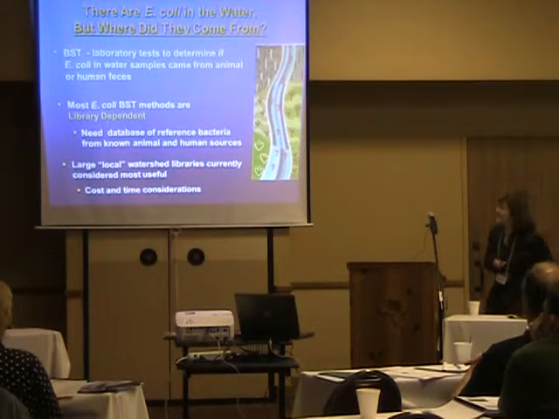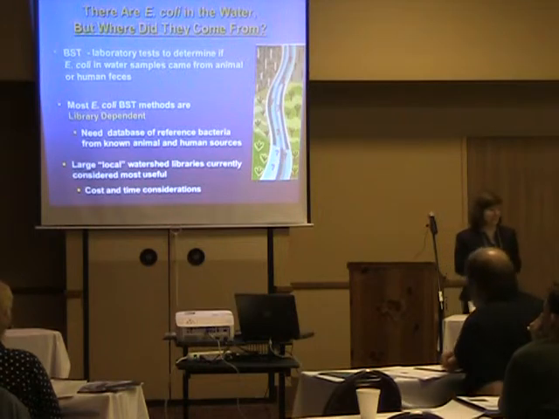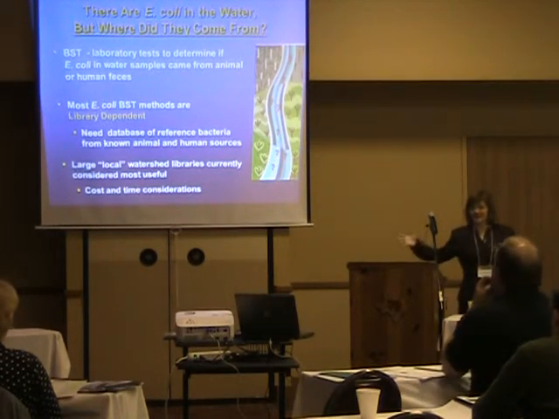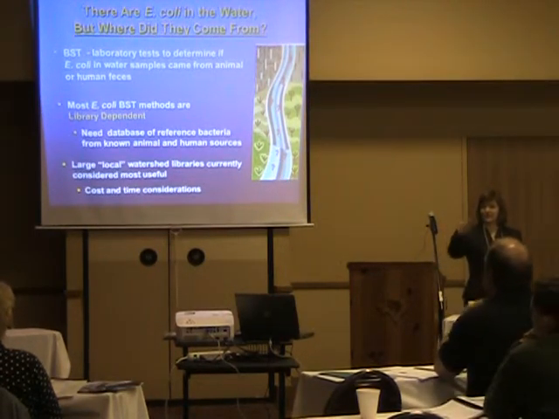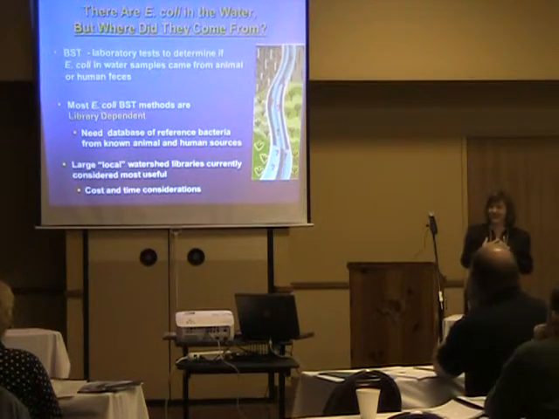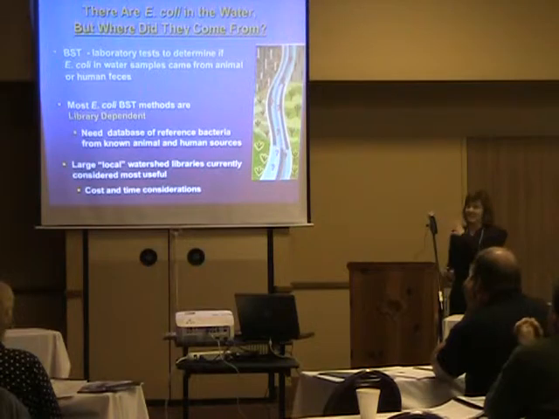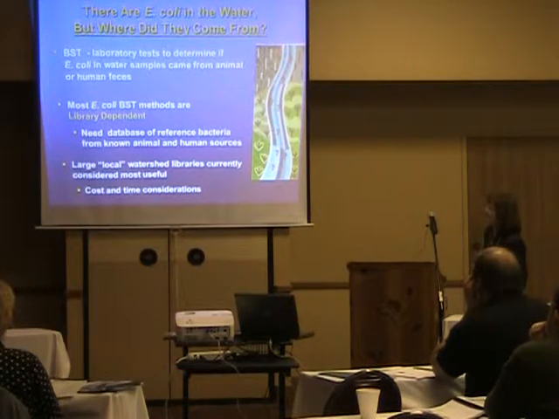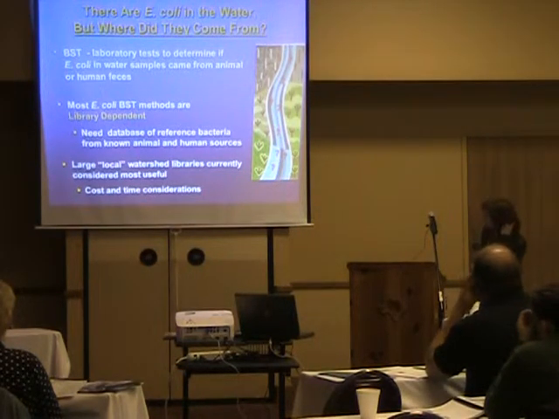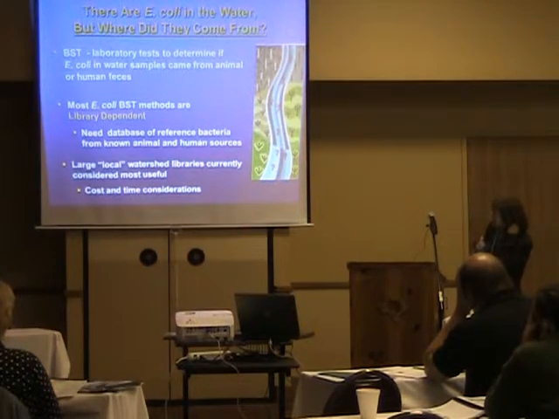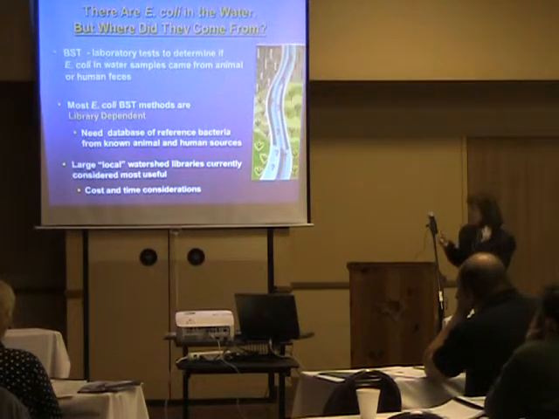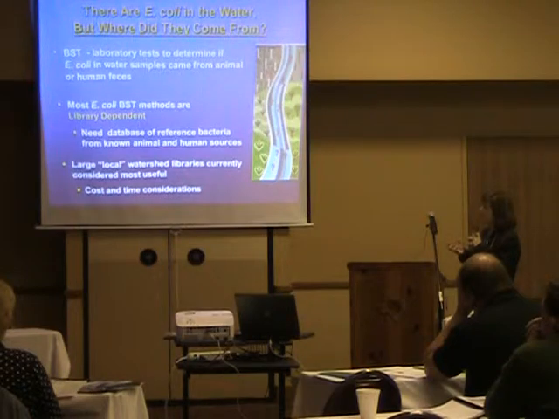This is the more general slide that you've heard of today. My talk goes through my personal history of source tracking, which Dr. Steckel went through this morning, and can also be seen here. So we are looking at E. coli or bacterial source tracking. These are tools.